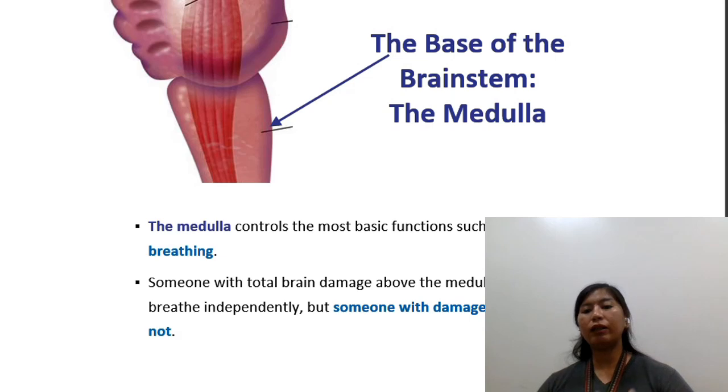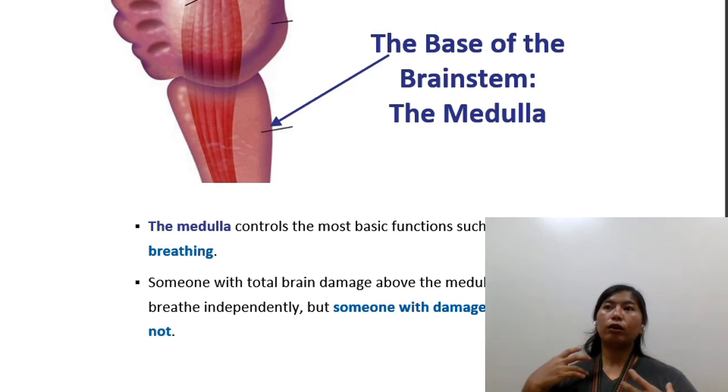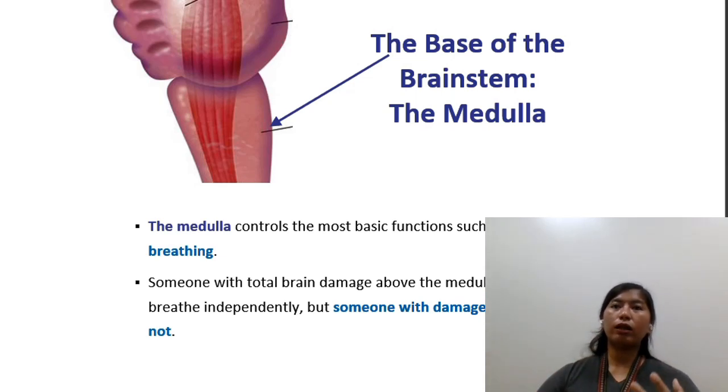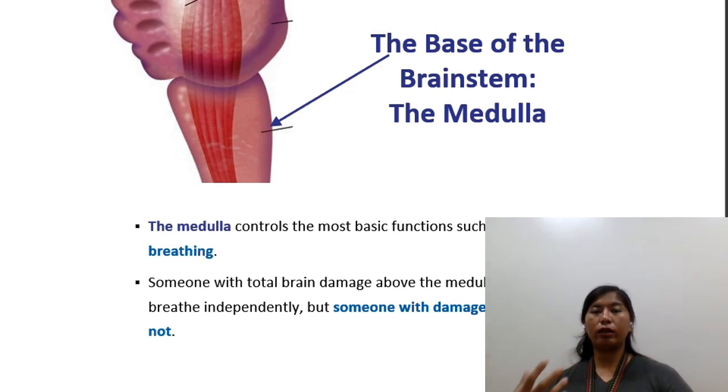So if you have a brain damage, it is likely that your pons and medulla is still intact if you are unconscious, because your heartbeat and your breathing is still operating.